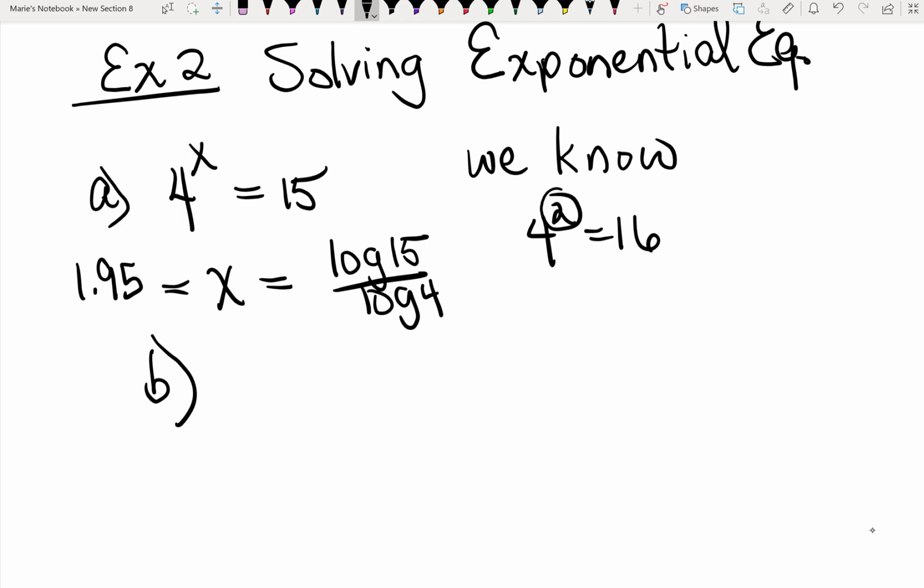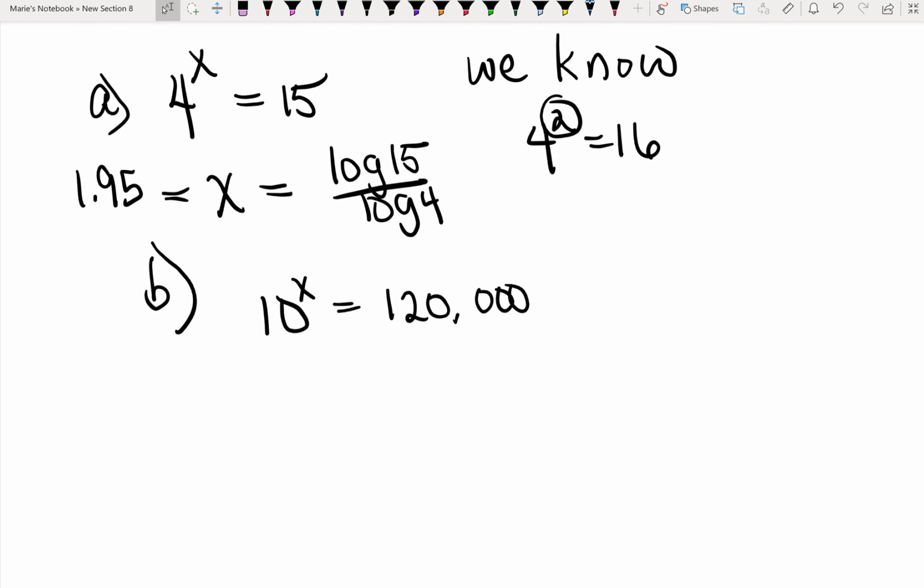In the second example, we have 10 raised to the x power is equal to 120,000. Whenever we have a question like this, I want you to place log in front of both values.